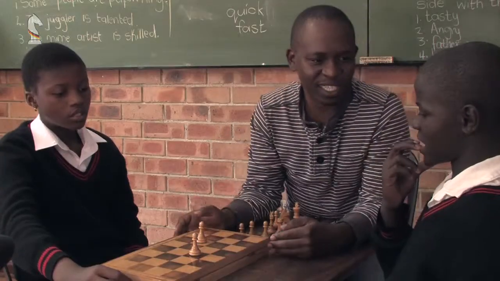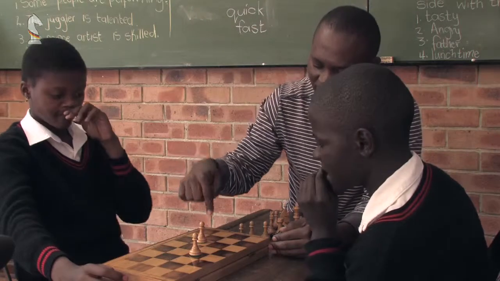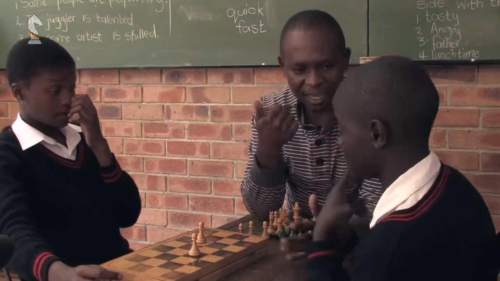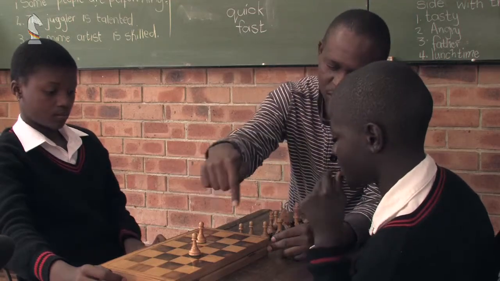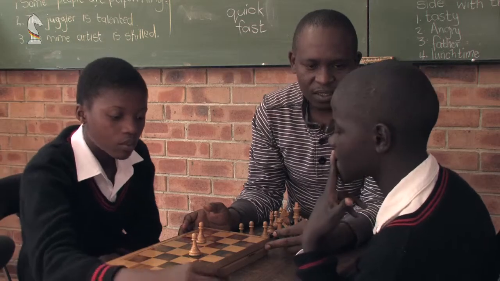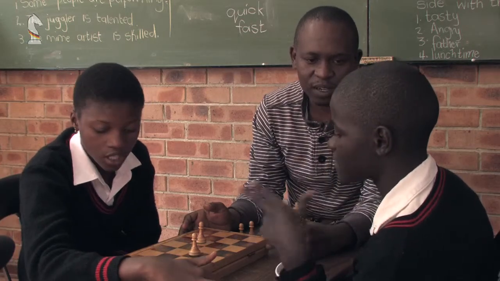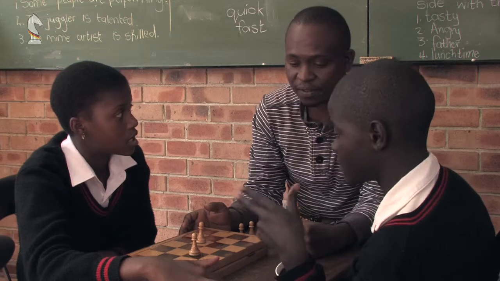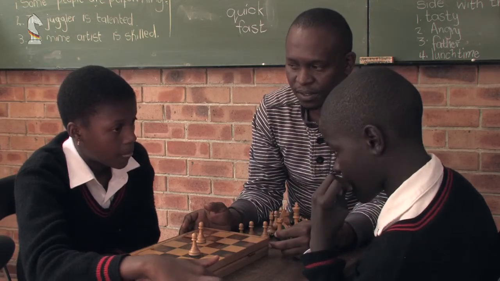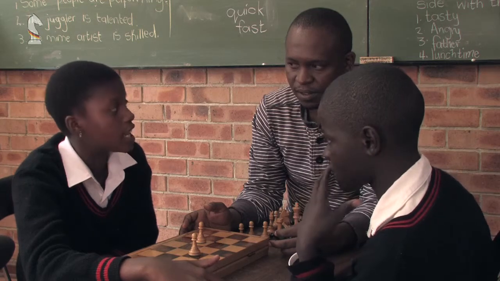H8. No, it can't go because look, how many times? 1, 2, 3. It can't go to H8. Remember, how many times does it go to H8? 6 times. Yeah, so you've used 1, 2, 3, 4 times, okay? It's on F5. G7. F5 to G7, yeah. Then it's H8.